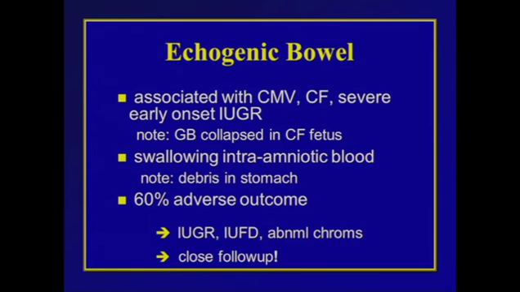And one explanation for that could be that the kids who have intrauterine hemorrhages, because they have a placental abruption, maybe they have a lousy placenta, and therefore they're getting IUGR and IUFDs. And the echogenic bowel is a side effect of this bad placental hemorrhaging process that's going on through the gestation and resulting in these poor outcomes.